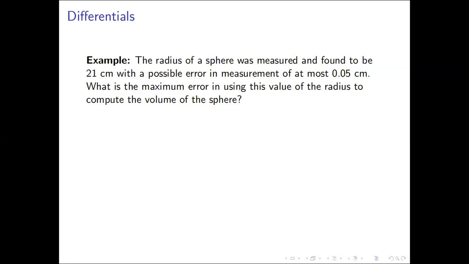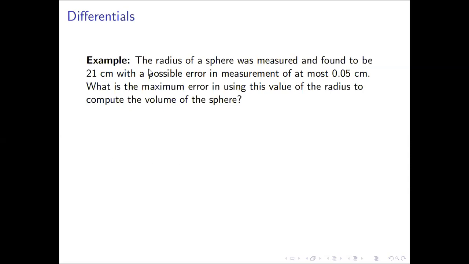And what scientists do is simply measure physical quantities and then assign an error. So they say like the radius of the Earth is this long, plus minus certain kilometers. So how do they approximate the error? Well, they make use of the tools of calculus. So let's see that with this one.